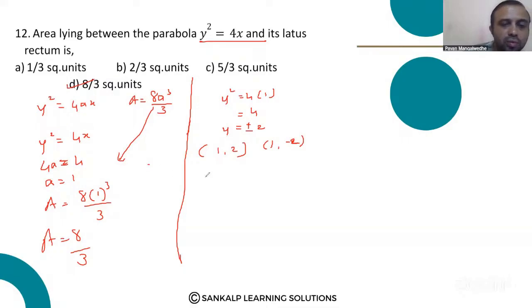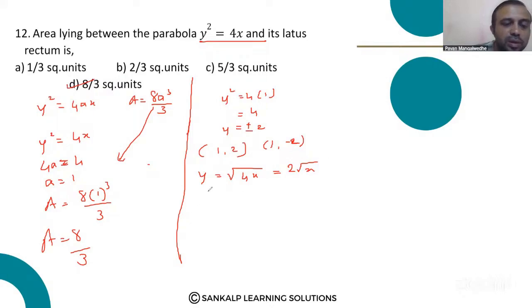Then if y square is equal to 4x, y is equal to root of 4x, which means 2 root x, in the limits 0 to 1.